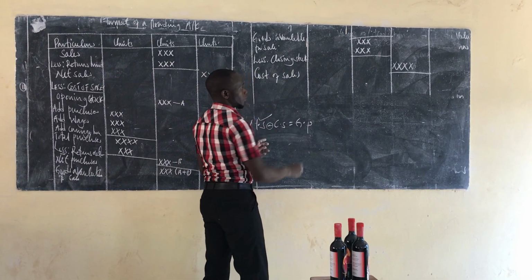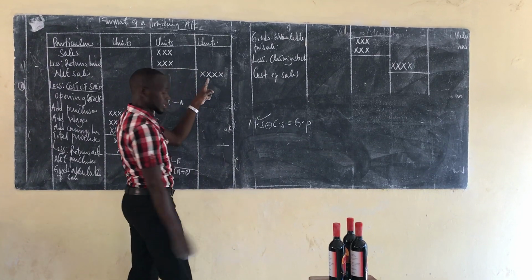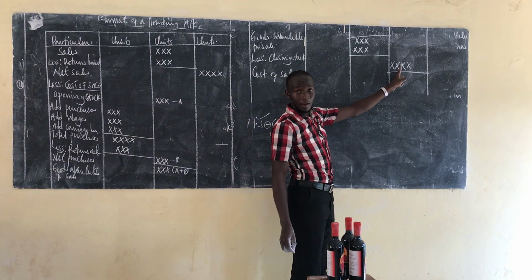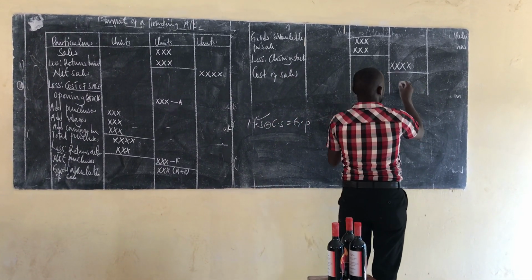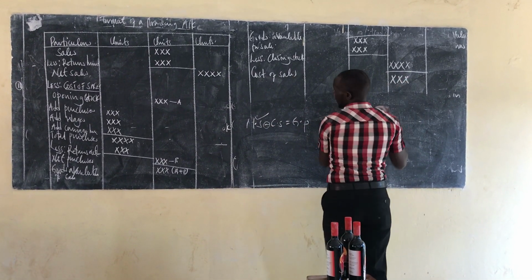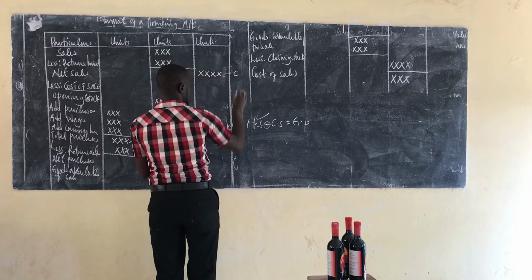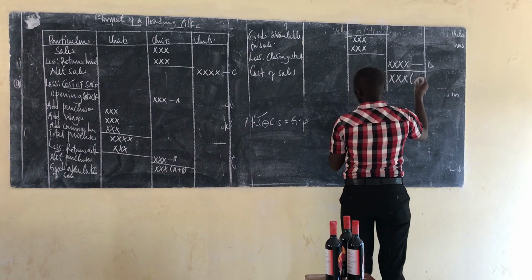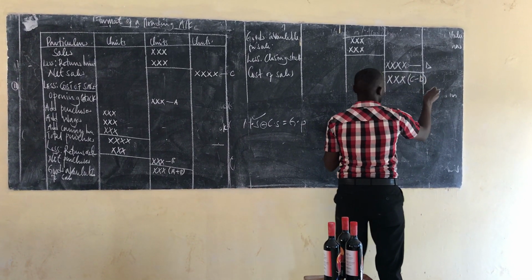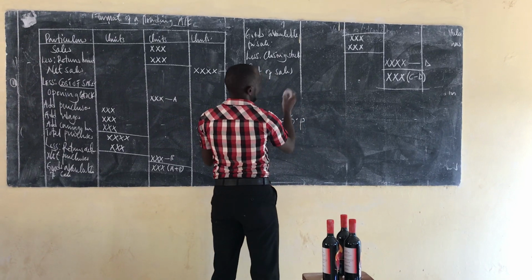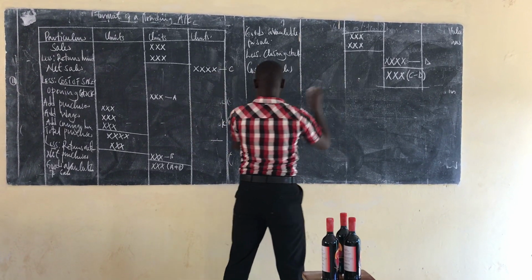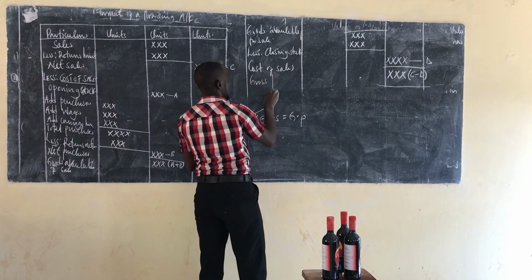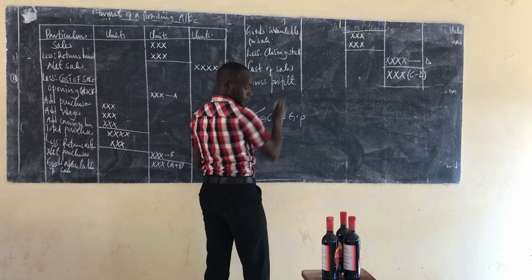Now we want to get gross profit. Gross profit equals net sales, which is this figure, minus cost of sales, which is this figure here. So you'll finally have this. If this was C and this is D, here we have C minus D. And that figure, this is cost of sales, and this figure here becomes gross profit.